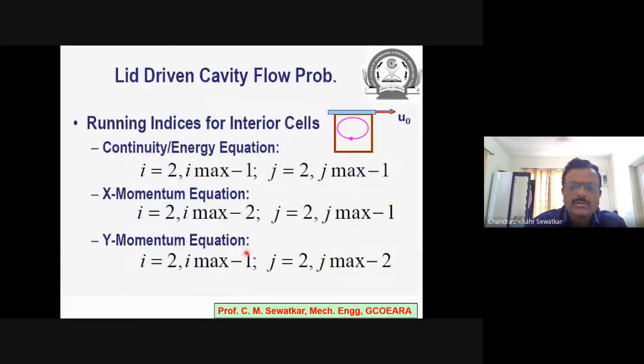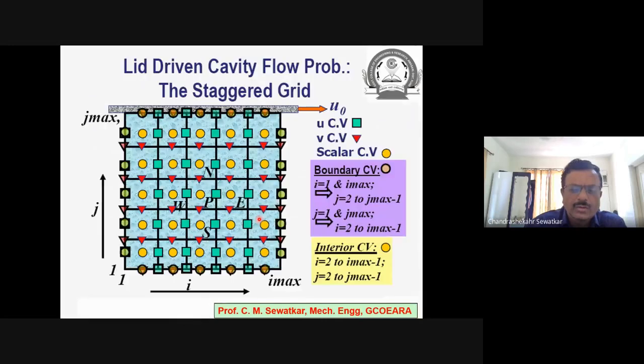The x momentum equation will be solved for I equal to 2 to I max minus 2, and j equal to 2, 3, 4, 5, 6. Maximum is 7. So 2 to j max minus 1.